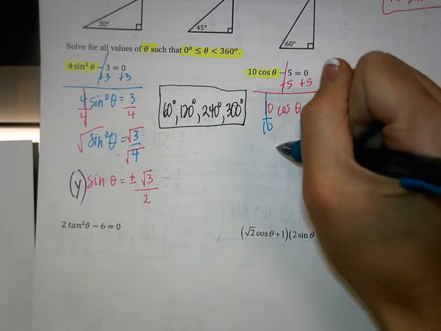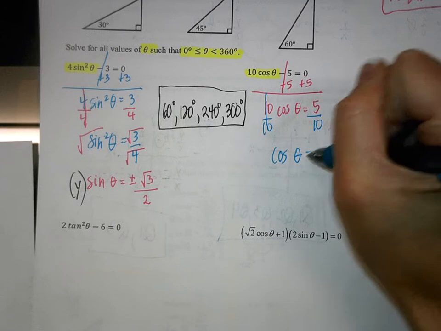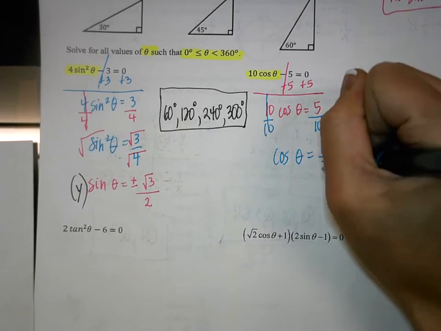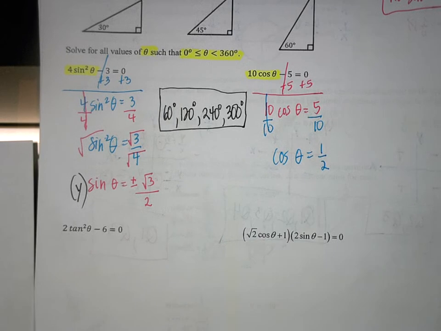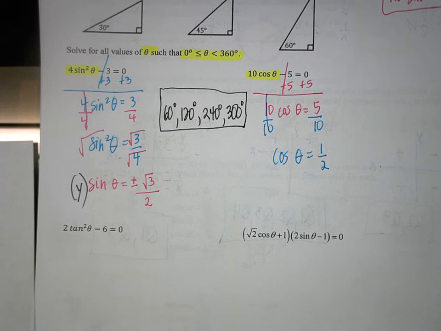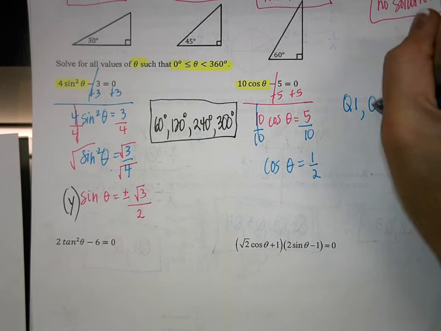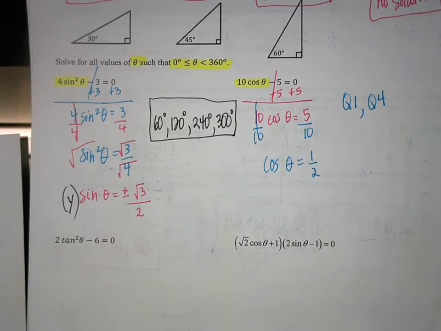So on this one, I just have cosine of theta equals, and 5 over 10 reduces to what? 1/2. Now this time, cosine is positive. Which quadrants is cosine positive in? Very good.